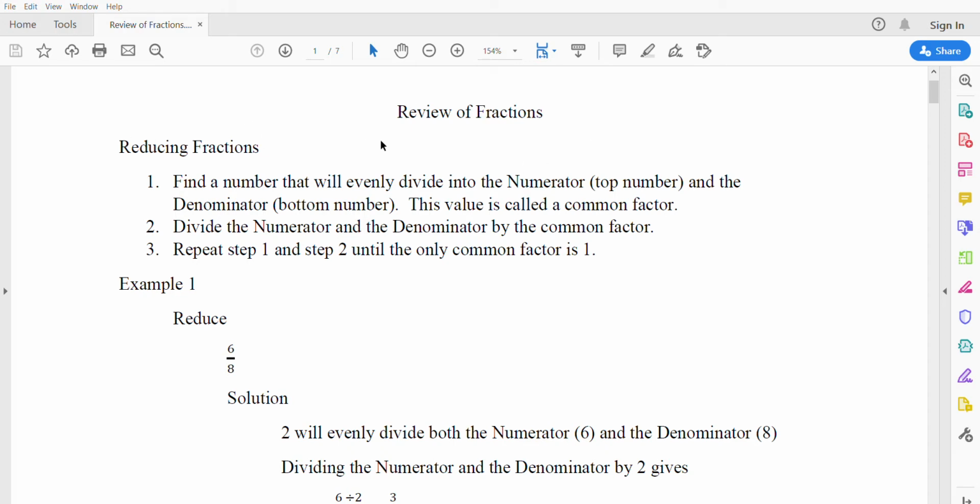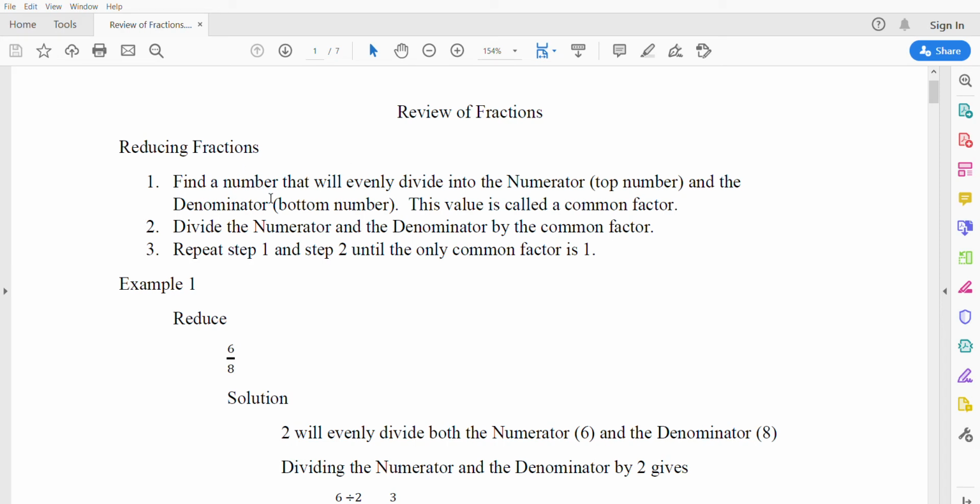Alright, so the first thing with fractions I want to take a look at is reducing fractions. Now, there's a lot of different ways to reduce fractions, so this is just one of the many different ways to reduce a fraction. The first thing we want to do is find a number that will evenly divide into the numerator, the top number, and the denominator, the bottom number.